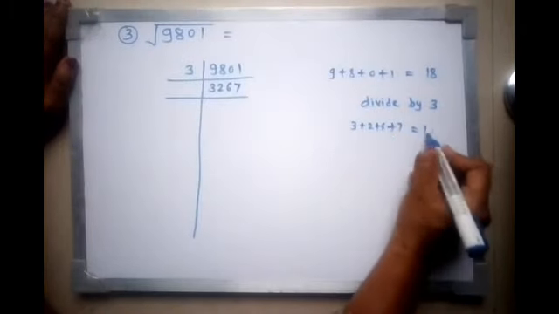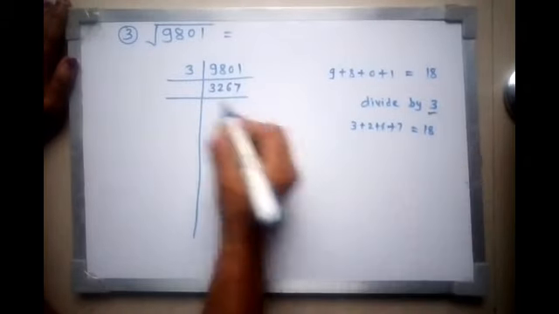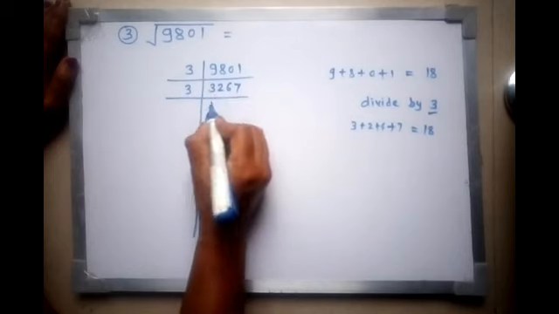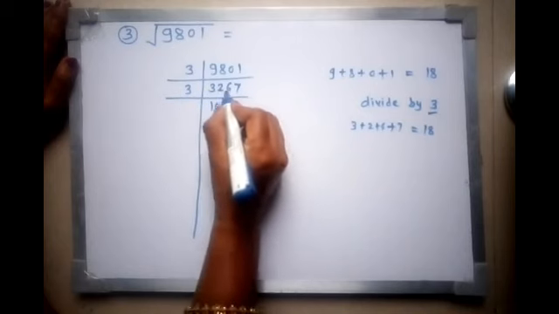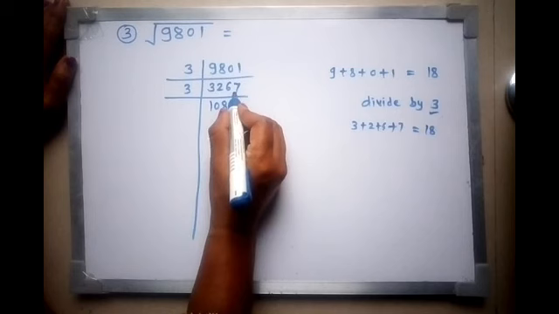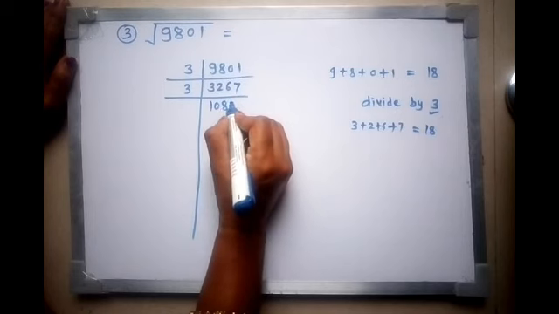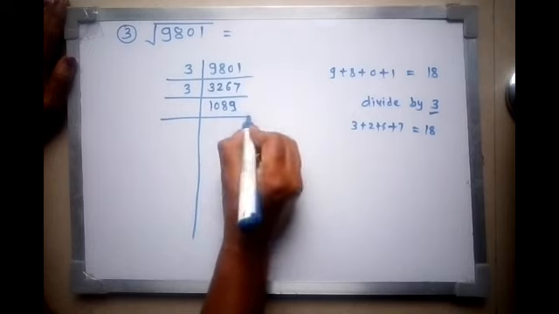3267. Addition of all digits in this number is 18, divided by 3. 3 1s are 3. 3 8s are 24. 3 9s are 27.